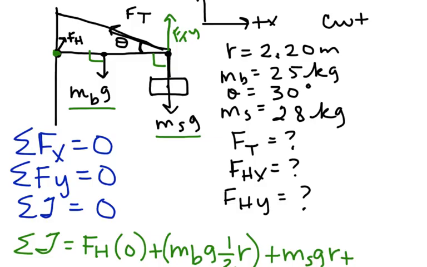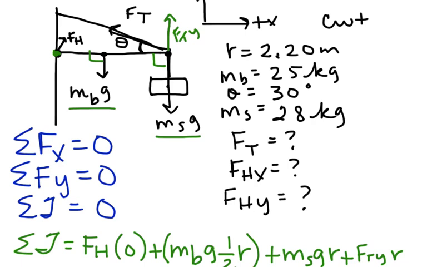So going back to my equation down here in green, I'm going to have the force of tension in the y direction, and I'm going to multiply that by the whole length of the beam, which is R. Now going back to the picture, if the force of tension in the y direction were allowed to make the beam rotate, what direction would the beam rotate in?